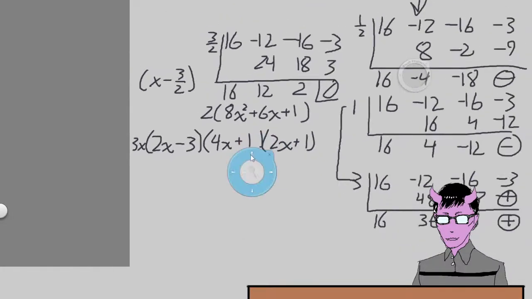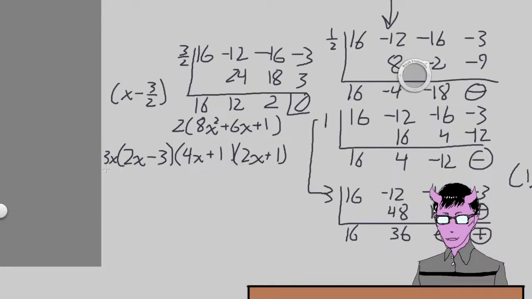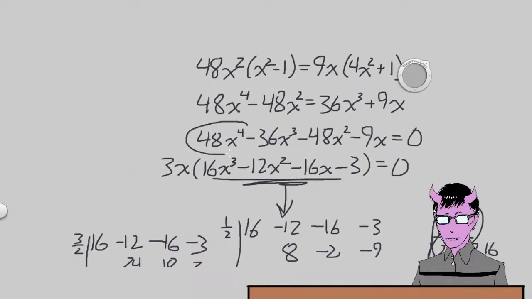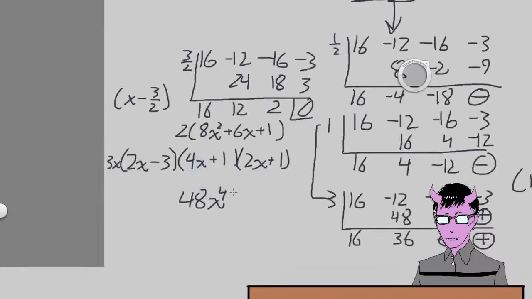Okay, so that should be fully factored form. Let's just do a quick spot check. So that's going to be multiply all of those for the partial distribution. We have 3 times 2 times 2, which is 12. 12 times 4 is 48. X power 1, 2, 3, 4. So we have 48x^4.